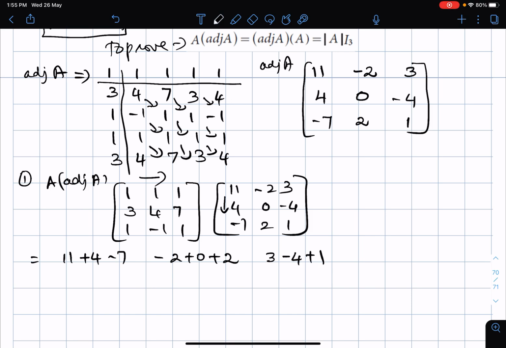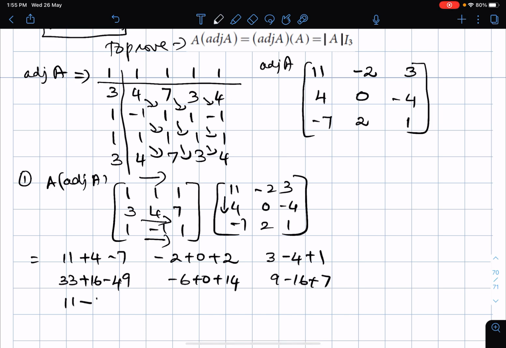Now coming to our second row into our first column, 33 plus 16 minus 49, minus 6 plus 0 plus 14. Third one, 9 minus 16 plus 7.